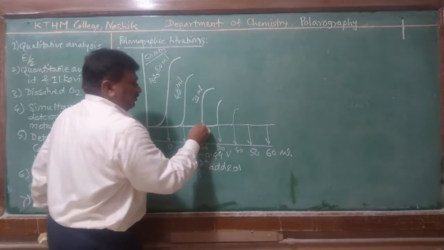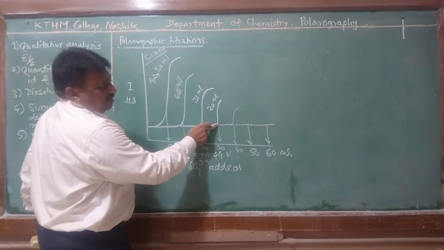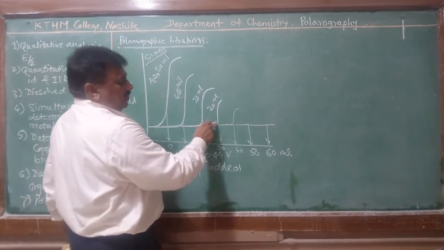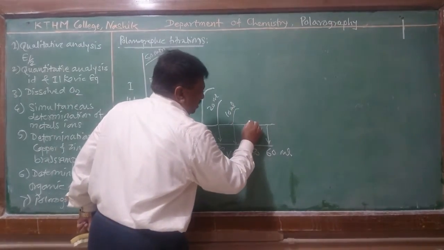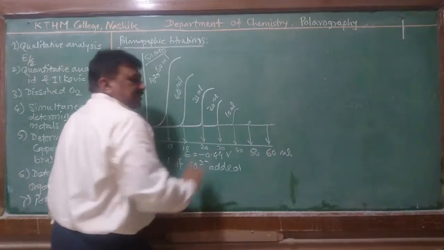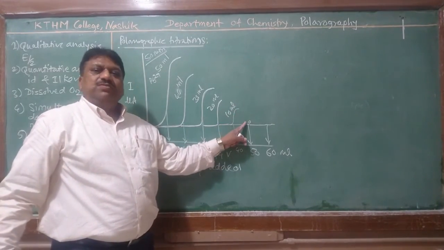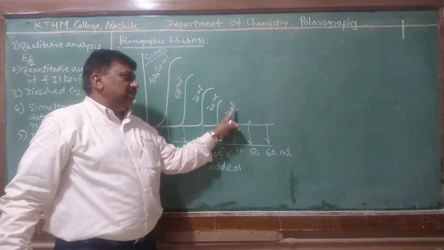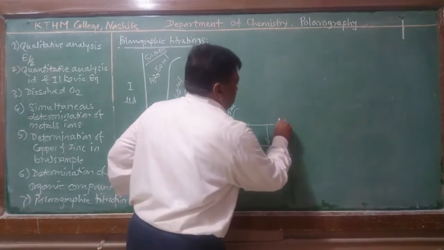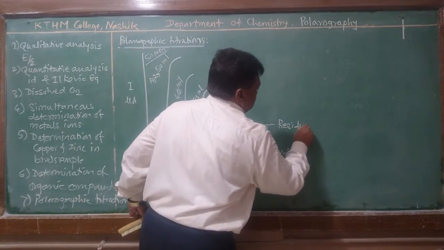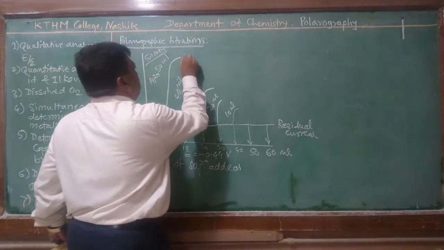This is a wave having 20 ml of 50 millimole Pb. This is for 10 ml and this is for 0 ml. That means there is no reducible species, therefore there is no wave. Diffusion current or limiting current becomes equal to the residual current. This is the line of residual current, and here this is a limiting current.